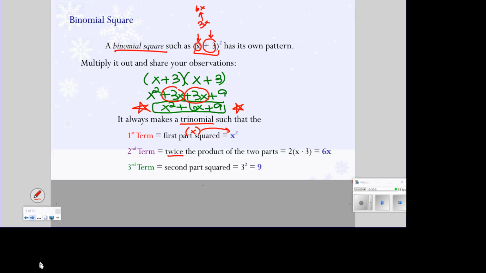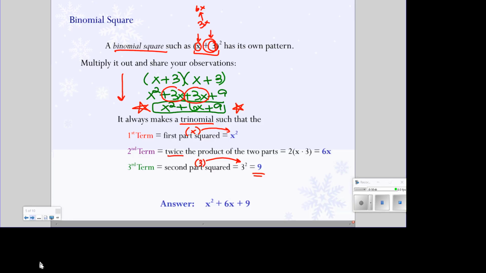And the third term is always equal to whatever the second part was squared. So the second part was a 3. We square it to get the 9. And I realized I thought that we had already done the (x + 3)². This one was not the same as the last slide, so I apologize for rushing straight to the rules for this.